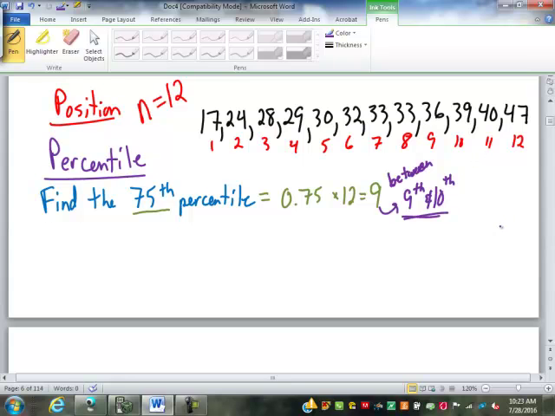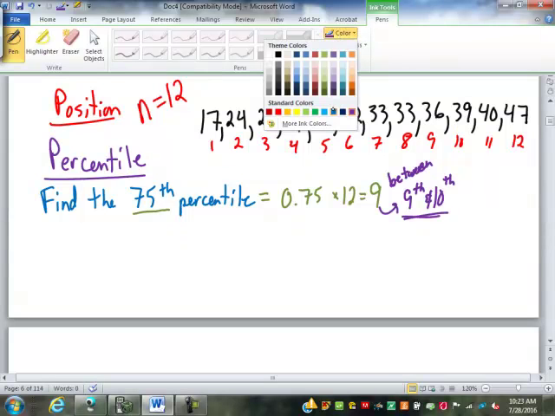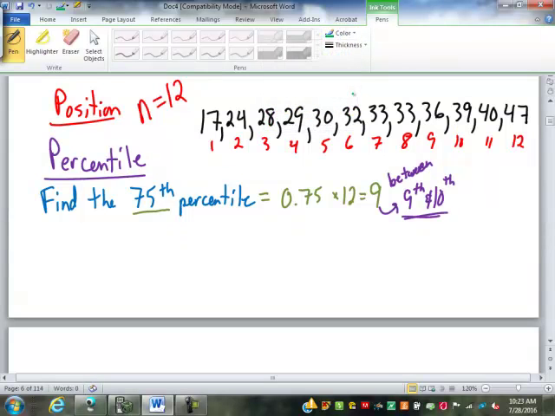Now, if you're using Excel or some other electronic data organizer, some have an algorithm to figure out how far between 36 and 39 that this is. We're just going to do just like we did with the median. We're going to add them together and divide. So the 9th number is 36. 10th number is 39. We're going to add them together and divide by 2. Gives us 37.5. That is the 75th percentile.